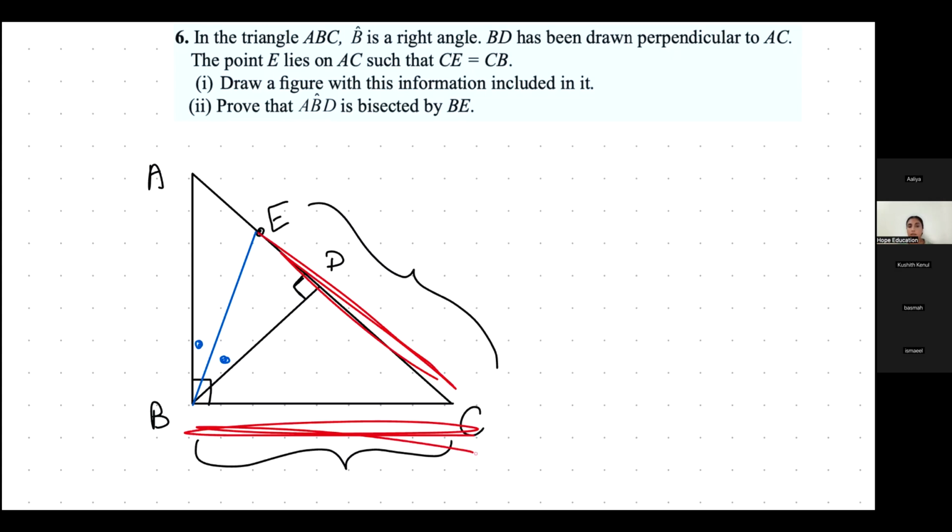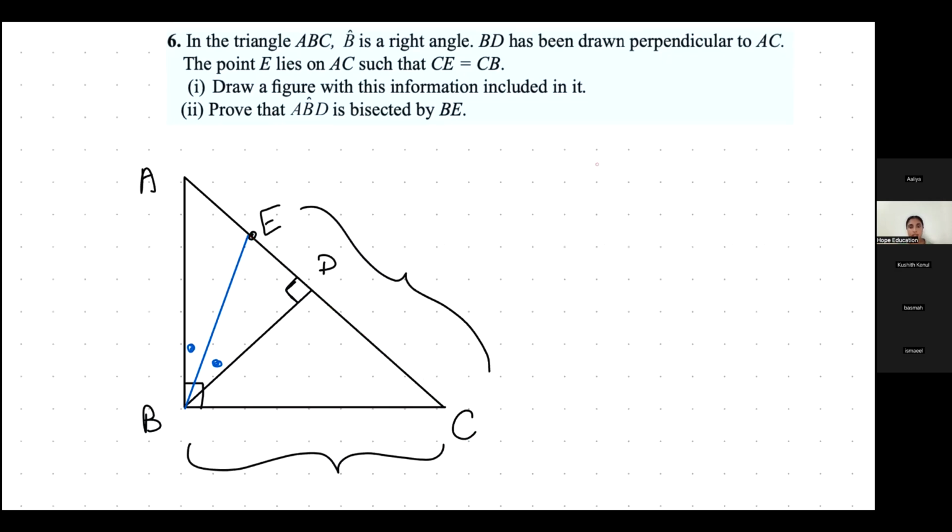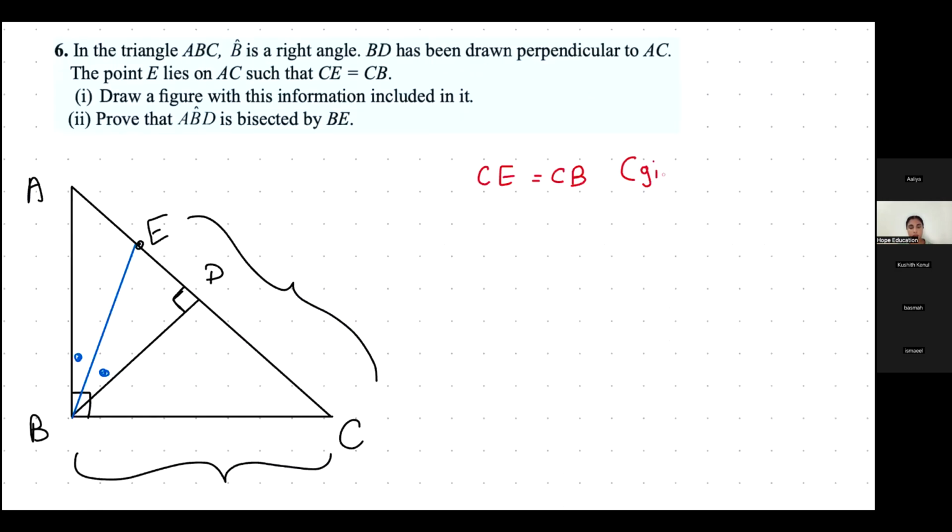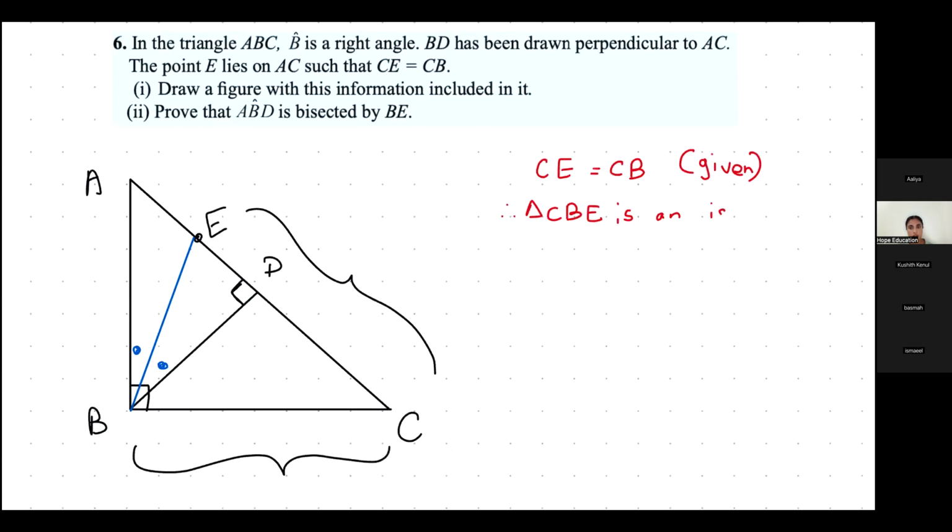Okay, let's write that first. CE equals CB, given. Therefore triangle CBE is an isosceles triangle. So I can say that this angle and this angle are equal, because we know angles opposite to equal sides are equal.